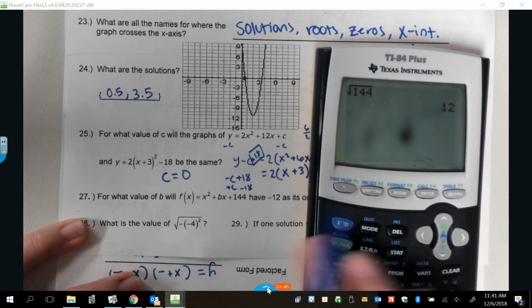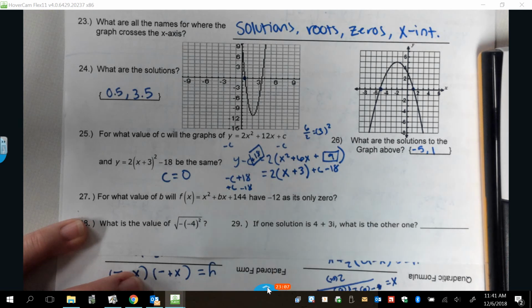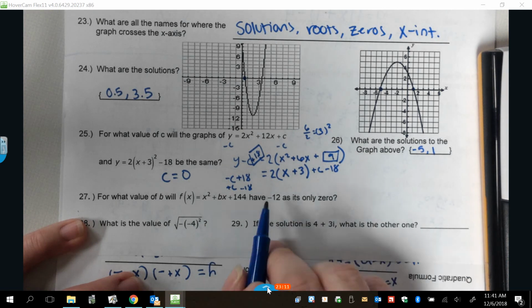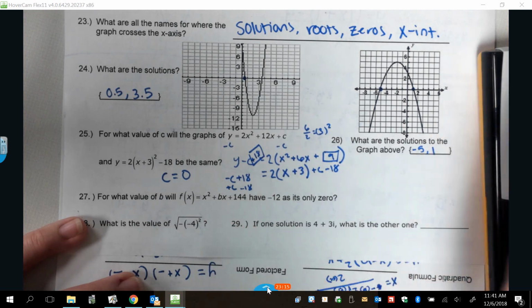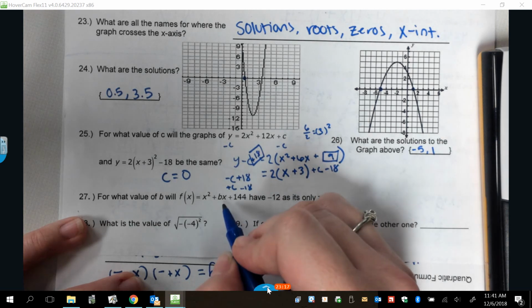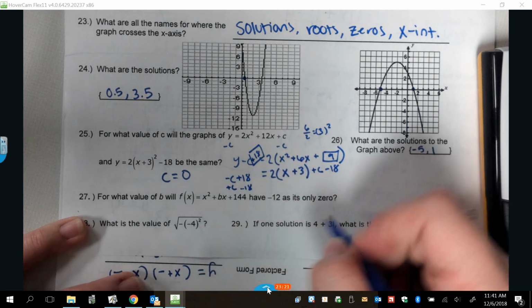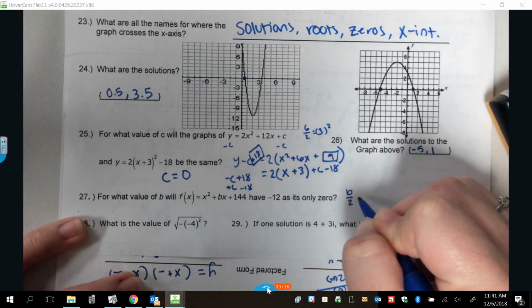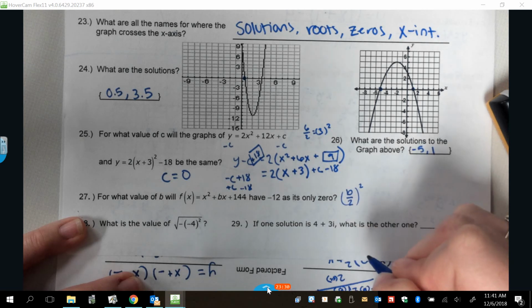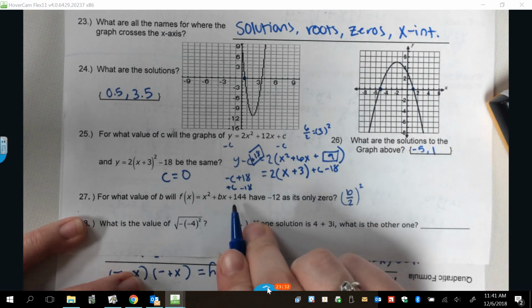We know it's going to be, no, it's going to be positive. I want you to realize we would do B over 2 squared. I'm trying to figure out how to explain it, sorry guys. That's how we'd find this number.